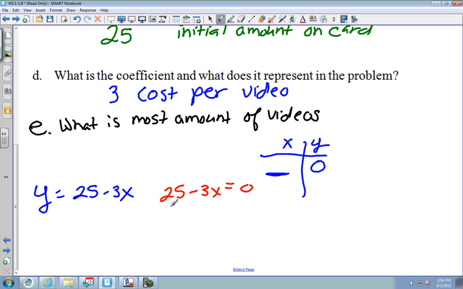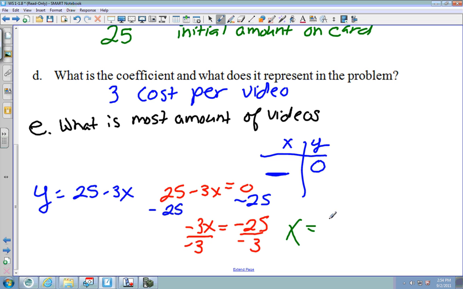Well, it looks kind of funky. If I subtract 25 from each side, I get negative 3x equals negative 25. If I divide by negative 3, x equals, negative divided by negative is a positive.